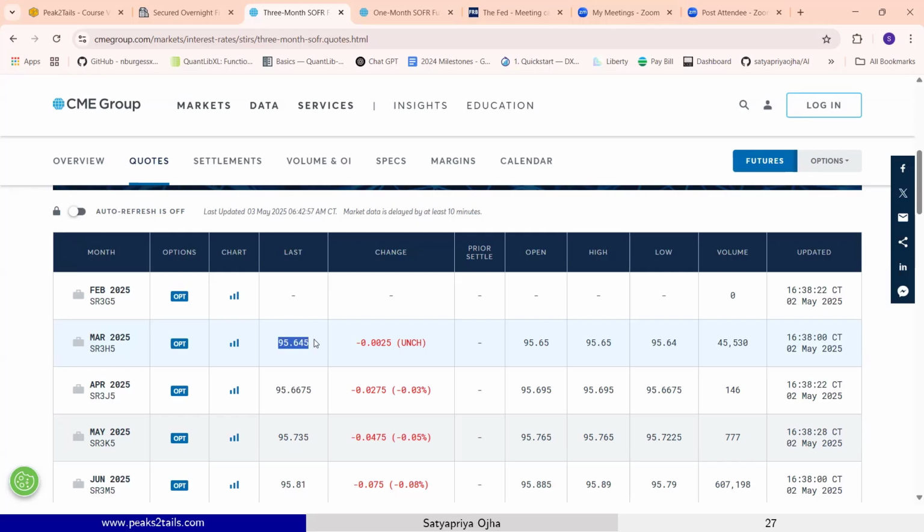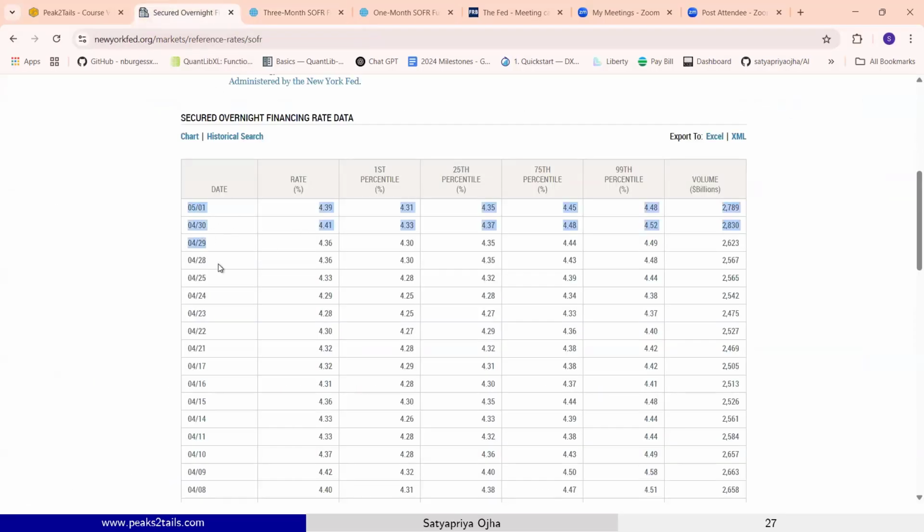This price gives us an idea of the rate that is applicable for the entire future, which is a 3 month future. So a 3 month rate between March and June is 4.455. That rate is for the 3 month period. But between March and May 1st, SOFR rates have been published.